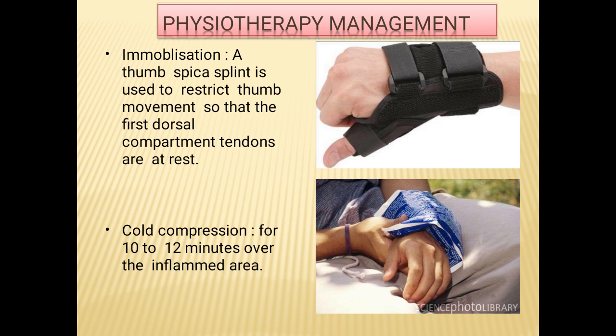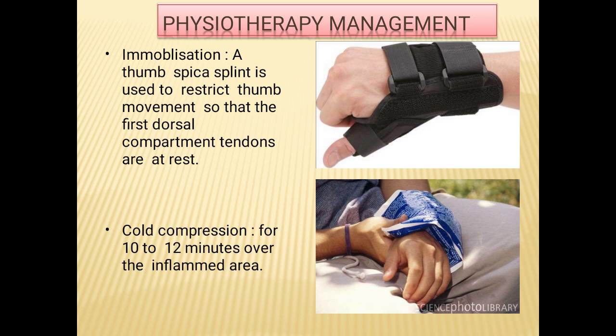Along with that, we'll start physiotherapy management, like immobilization for 2 to 3 weeks. If you start the treatment conservatively, you will ask the patient to take the tablets and give rest to the part. Giving rest to the part, we will call it immobilization.